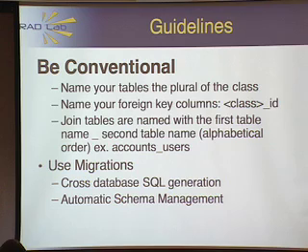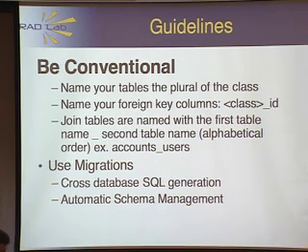And the other thing is be conventional. Don't buck the conventions if you can possibly avoid it. Unless you're using a legacy database and you're trying to integrate with it, which I am doing now with somebody, try not to do it.